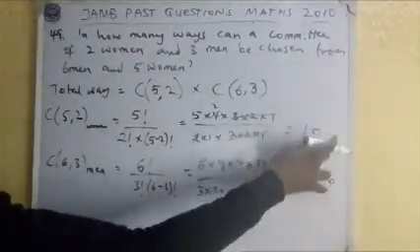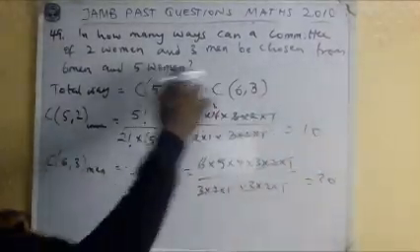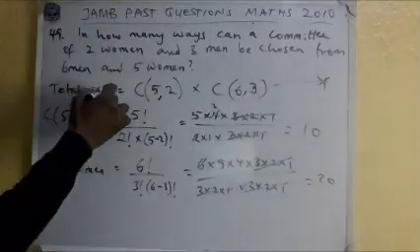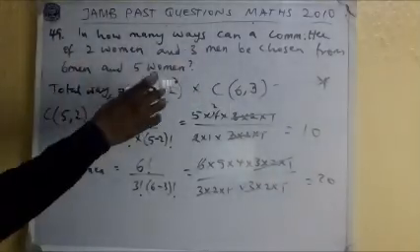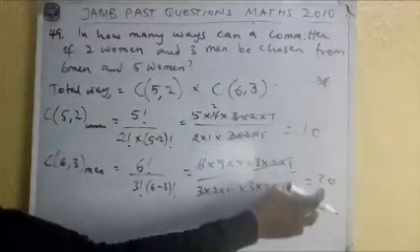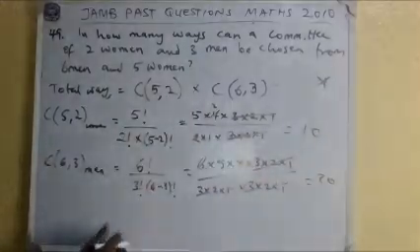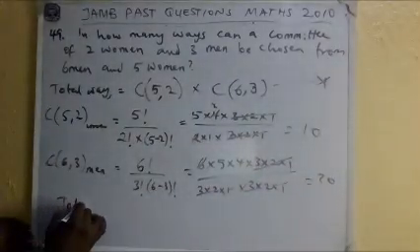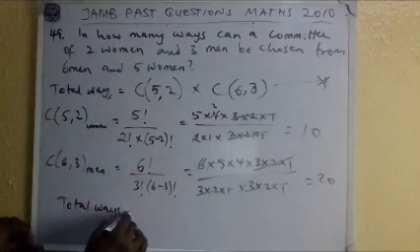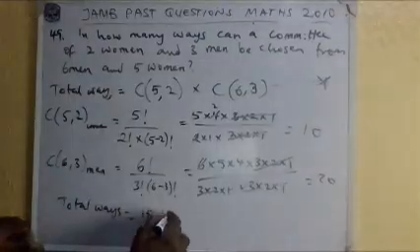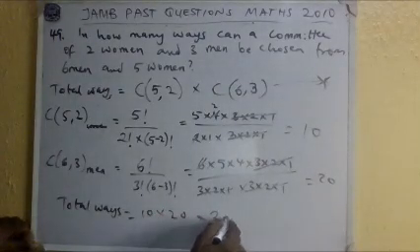So this one now, I will put it in this first place here, where I said that the total ways these two groups can combine is this combination, which is 10, times this combination, which is 20. So total ways is equal to 10 times 20, which is what? 200 ways.